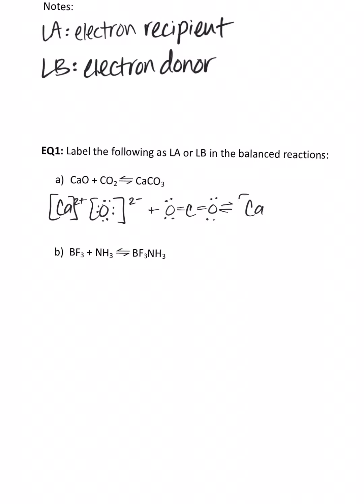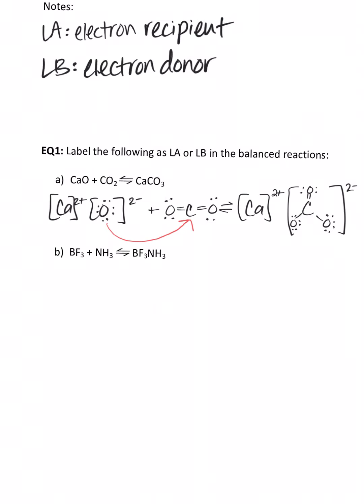Your final species is calcium carbonate. You're looking to see where the new bond was formed. Originally carbon had a bond to 2 oxygens. Now it has a bond to 3 oxygens. Where did that oxygen come from? Right here. So these electrons went to this carbon.